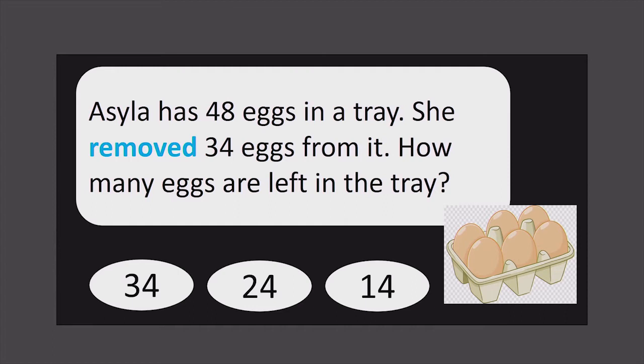How many of you remember what remove means? Yes, it also means taking away something. Here they are taking away or removing eggs. Now try to solve this question using the steps.